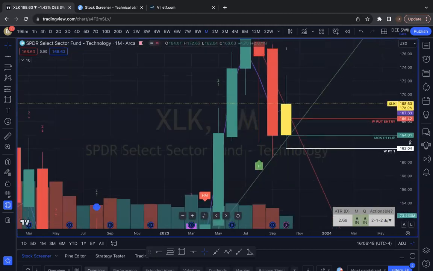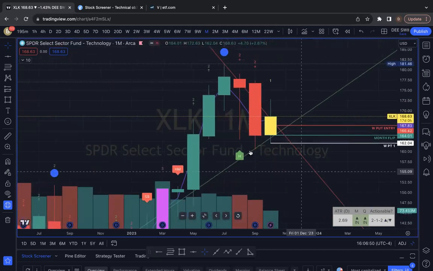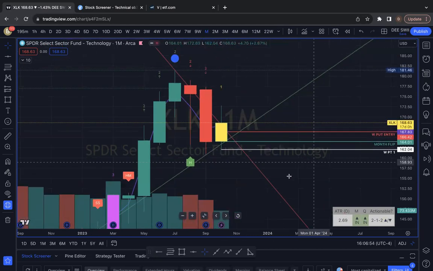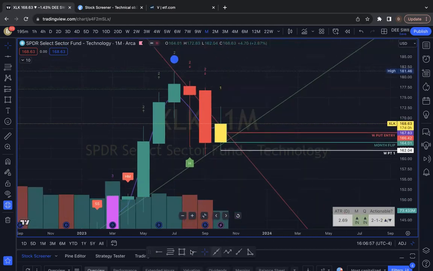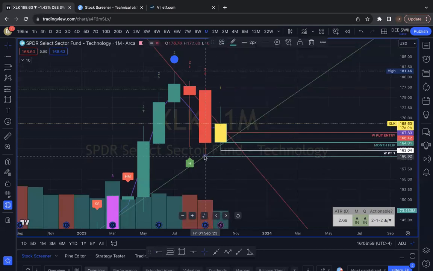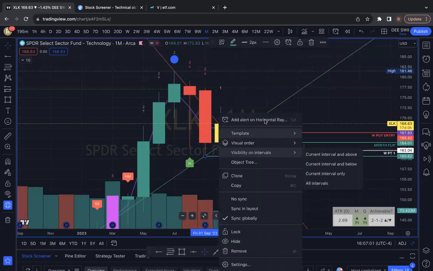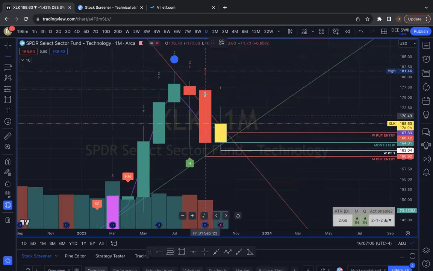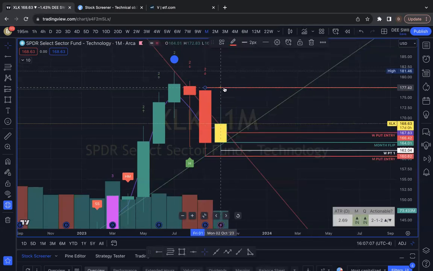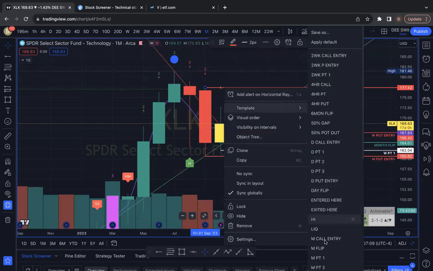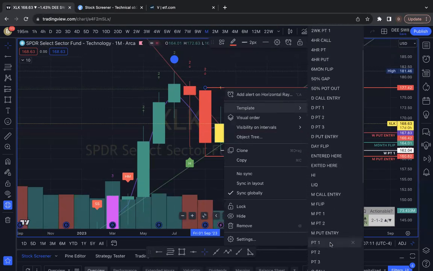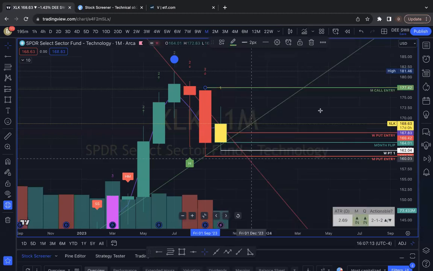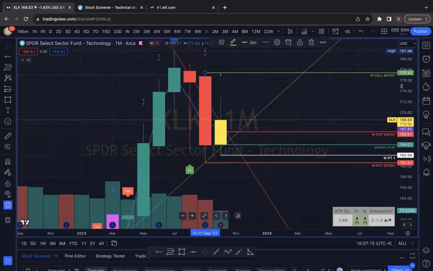Now, when it comes to the monthly, we see that we are still inside the month. So what would take us 2 up or 2 down on the month? This level right here for puts. This level right here for calls. And even if I'm day trading or on a smaller time frame, I still want to know where those levels are.